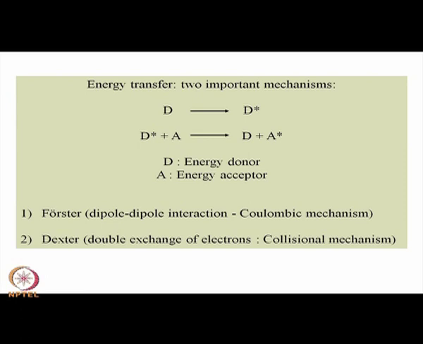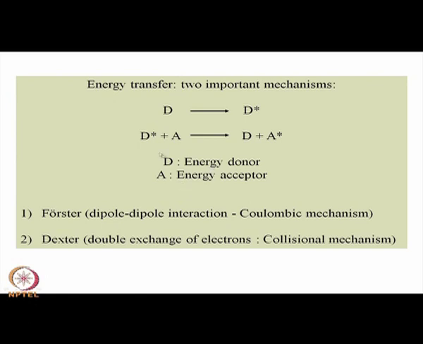Now, here what is happening is that this is your donor, you first excite this to D star. Then D star, depending on the nature of interaction, whether it is a dipole-dipole interaction or an electron exchange mechanism, should interact with the ground state A, giving rise to D plus A star.